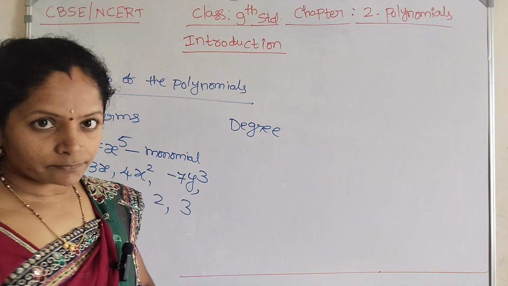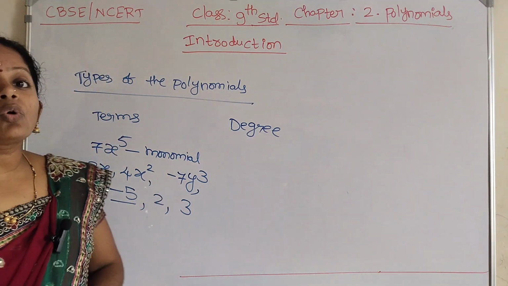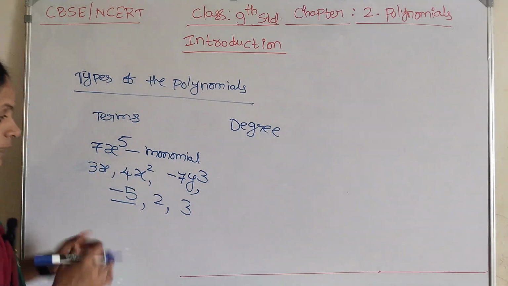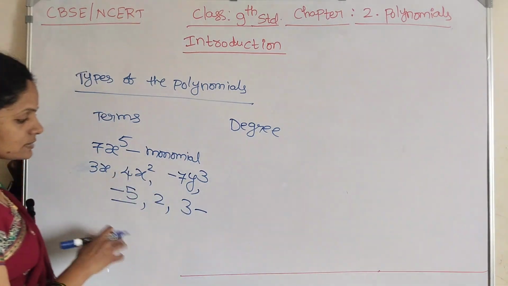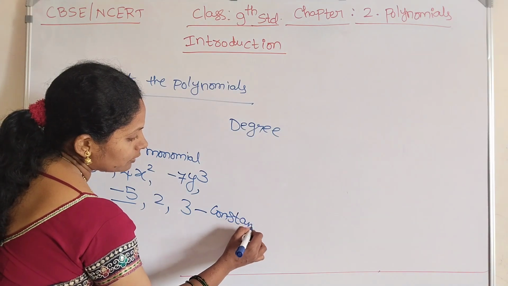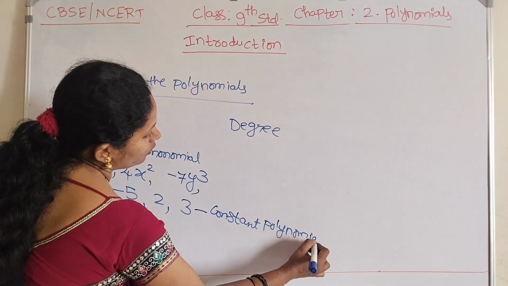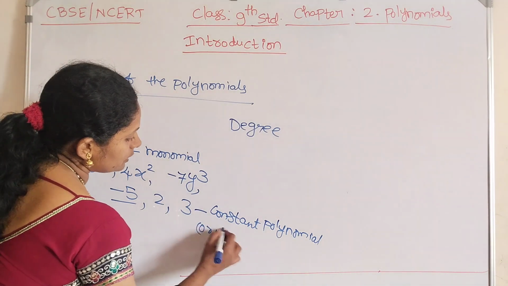What is your answer? Yes, this is also called a polynomial. Actually, this is a special case. This is called the constant polynomial or zero polynomial.